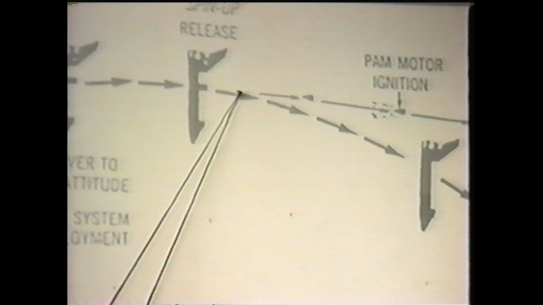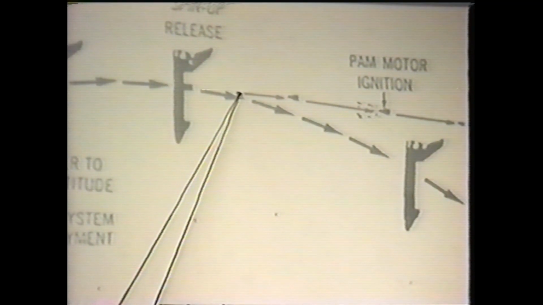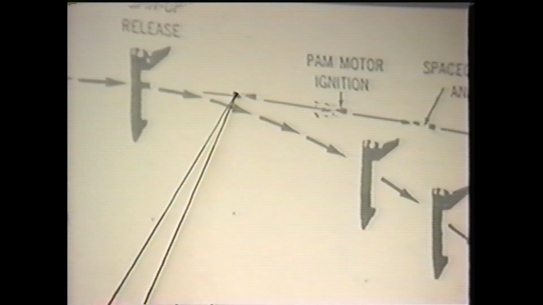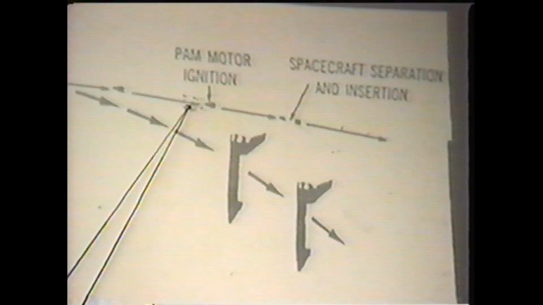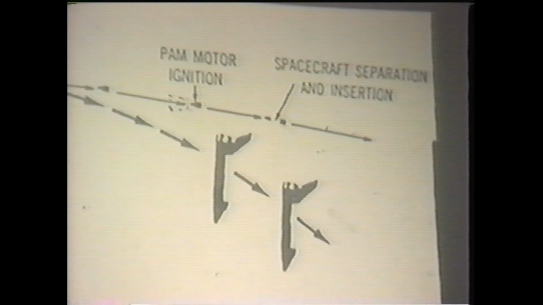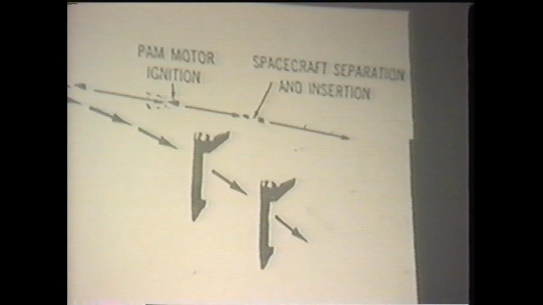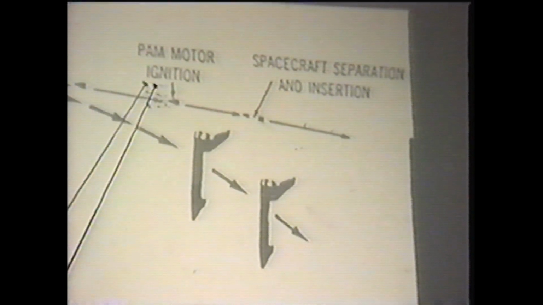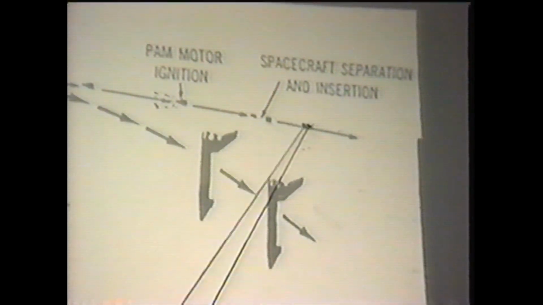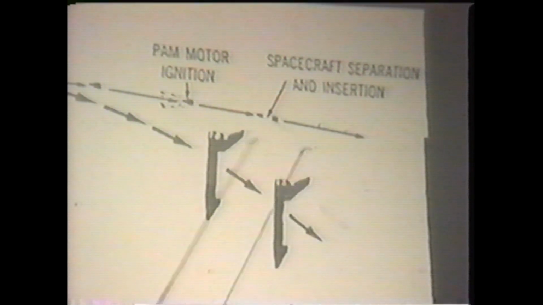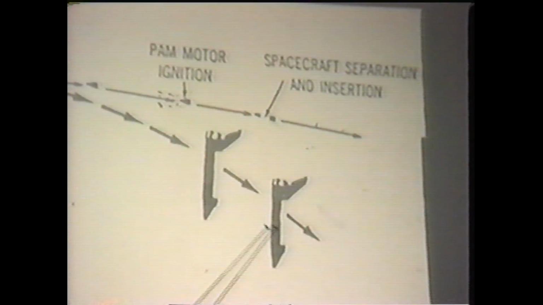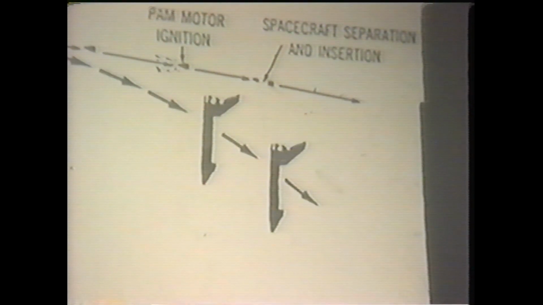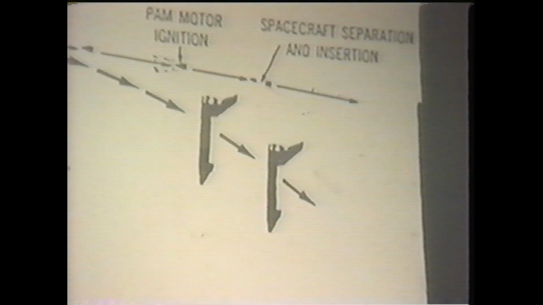And because of its increased velocity, it starts to track an orbit a little bit different than that of the space shuttle. Right at this point, a motor on the payload assist module fires, and it starts to move the spacecraft out of the low-level Earth orbit that the space shuttle is in, so that it can start to seek its own geosynchronous orbit.